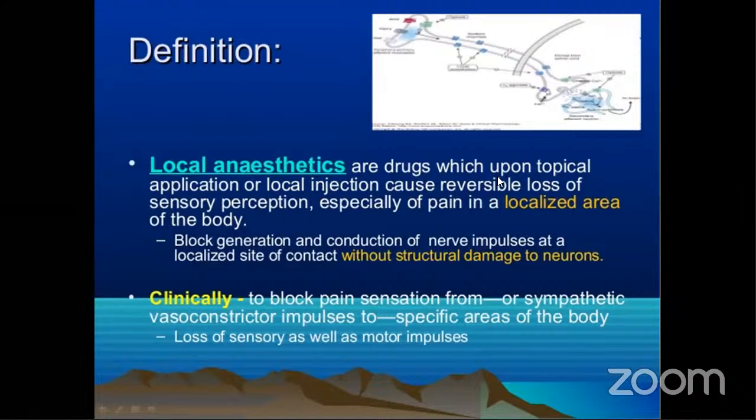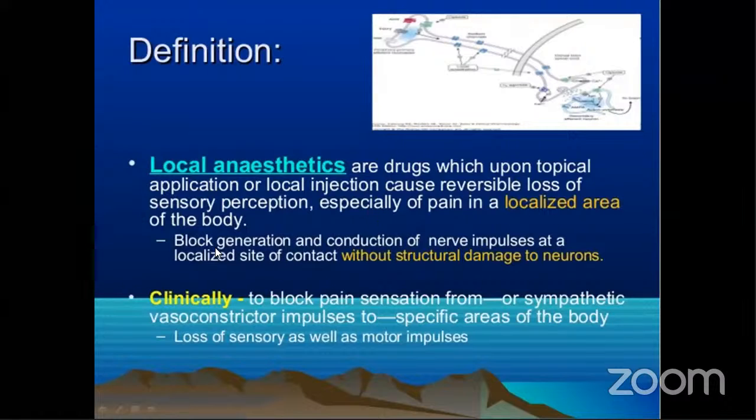There should be reversible loss, meaning your sensation can return to the normal stage after your surgery or topical treatment with the anesthetic. It is especially the sense of pain. You will feel pain, but the pain will be lost due to this anesthesia in a localized area of the body, the particular part where it is applied.